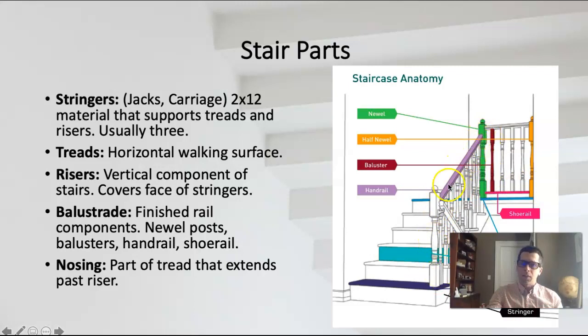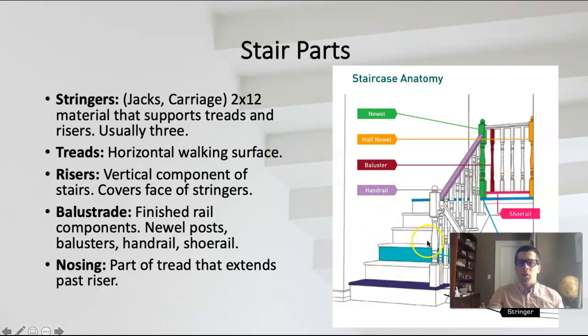And the baluster is the pickets, I guess is what a lot of people call those. And the handrail is going to tie into the newel posts. The balusters are going to somehow be housed into the handrail. And then there's a shoe rail, depending on what kind of staircase you have. But there's oftentimes a shoe rail that's a rail that the balusters are housed into.